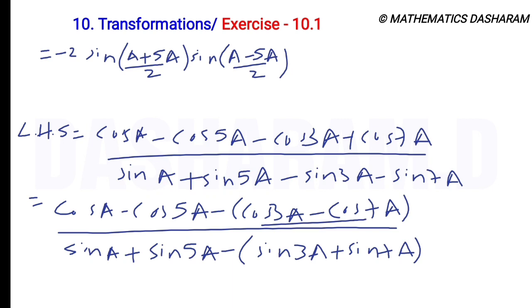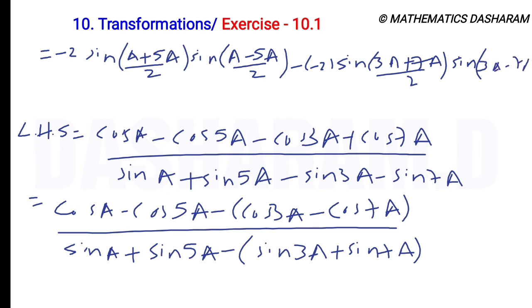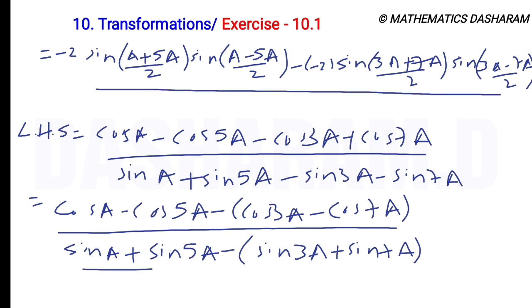And here also the same formula, so minus 2 sin (C plus D) by 2, C value 3a, plus 7a by 2, into sin (3a minus 7a) by 2. So divided by, for the denominator, sin a plus sin 5a, that means the sin C plus sin D formula.